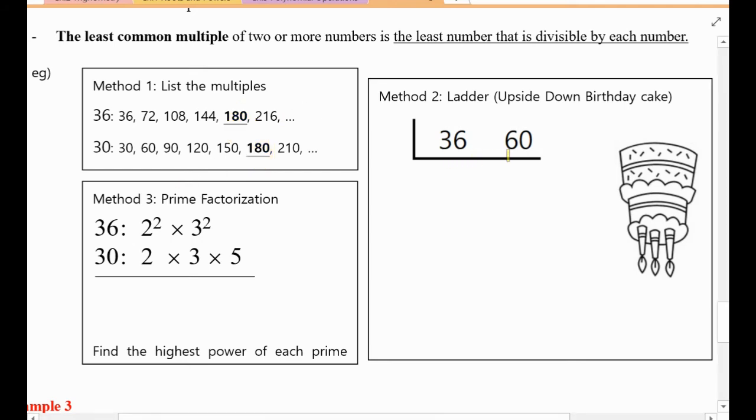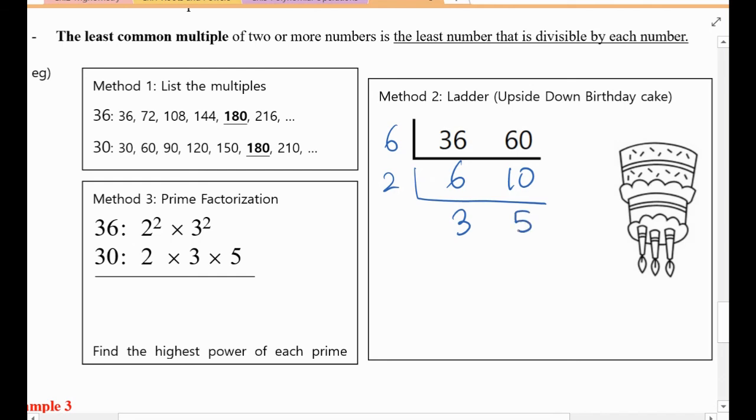Okay, here 36 and 60. So we're gonna do the upside down birthday cake method, ladder method again. What number do you like to use to divide those 2 numbers? Let's try 6. And I have 6 and 10. And let's try 2. I get 3 and 5.